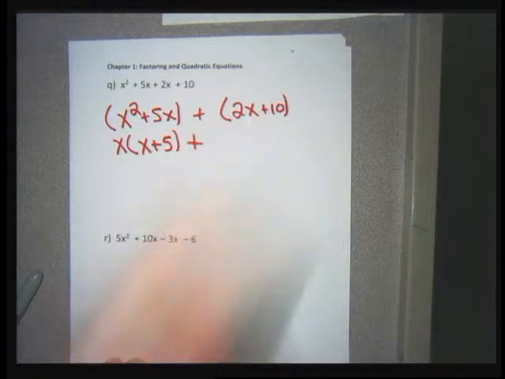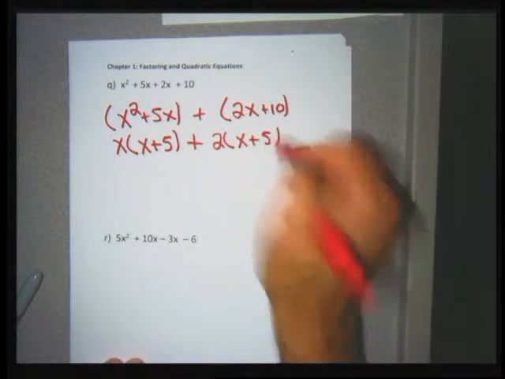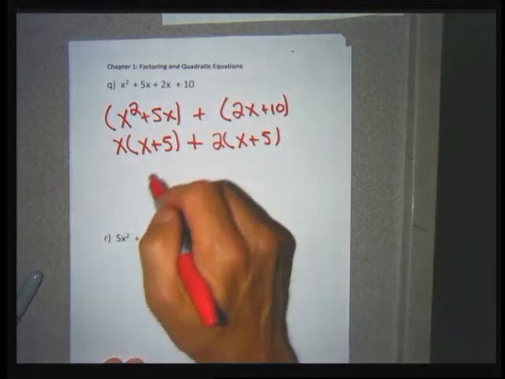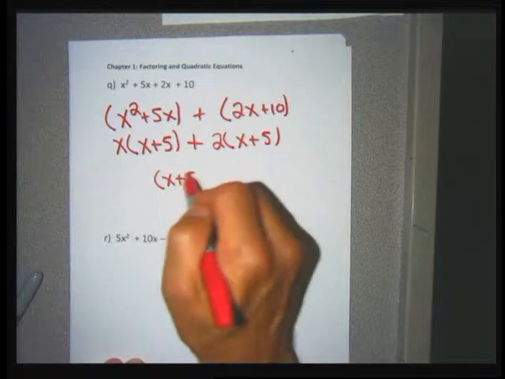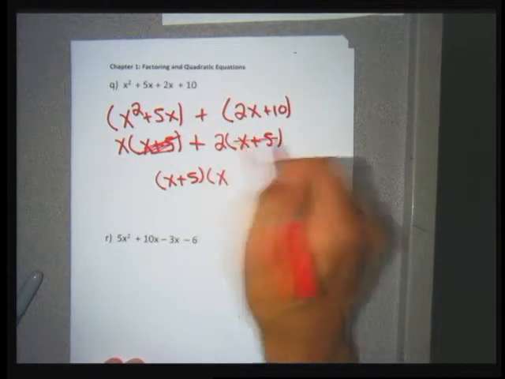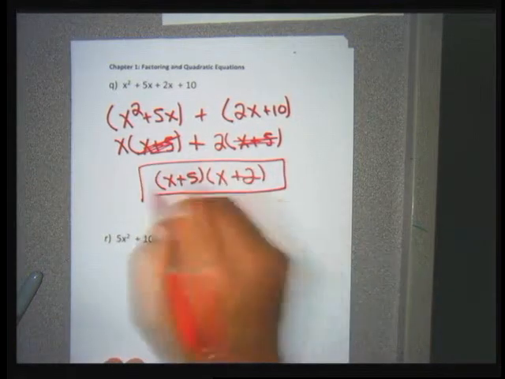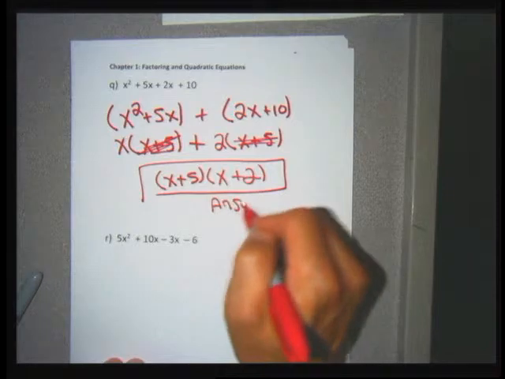Bring down the plus sign. Second parentheses, common factor of a 2. When I factor out a 2, I'm left with another x plus 5. Now there's a common factor of an x plus 5. When I take it away from the first piece, I'm left with an x. When I take it away from the second, I'm left with a plus 2. That's going to be my answer to Q.